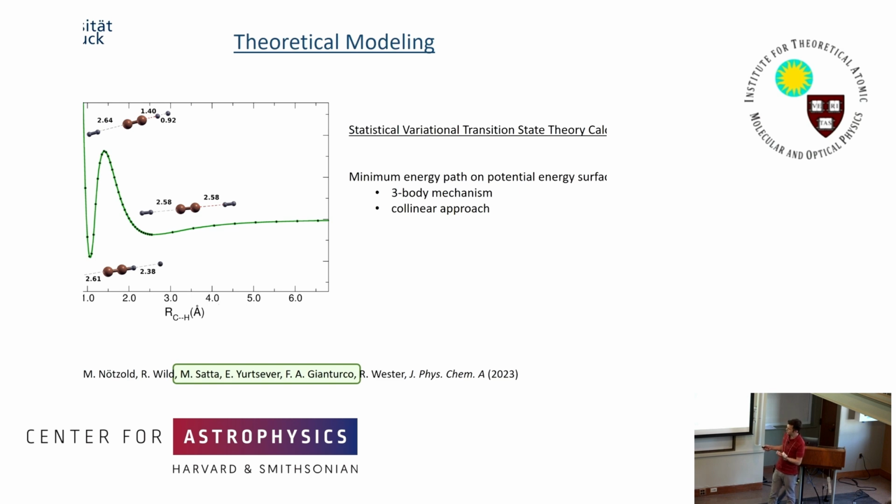So here, in this case, this is the 3 bodies. This was also done with just 2, and it was seen that the barrier is much higher, which already kind of explains that the 3-body rate would be the preferred way to do it. And it also showed that this minimum energy path is a collinear approach and not at different angles.